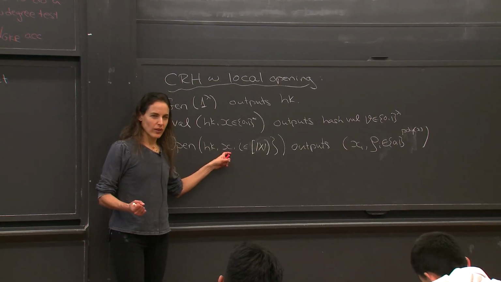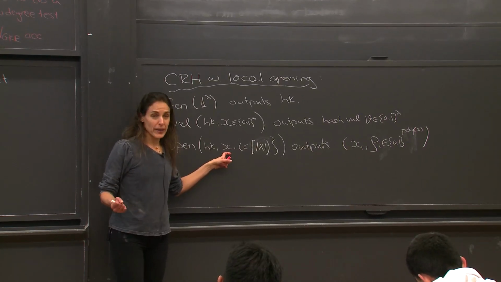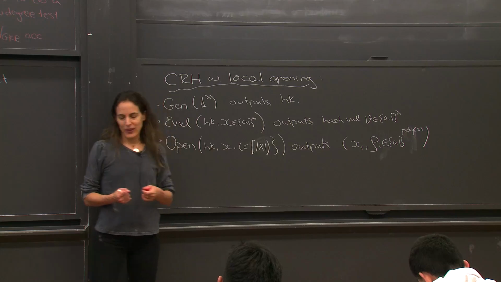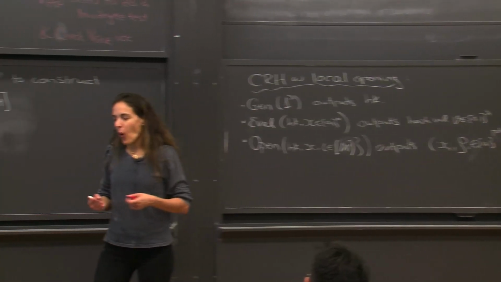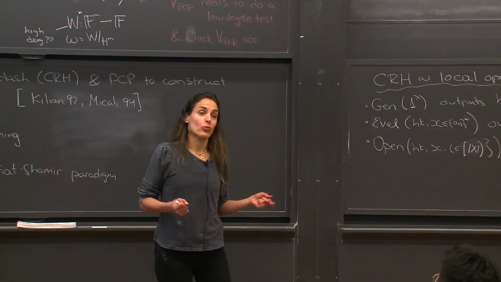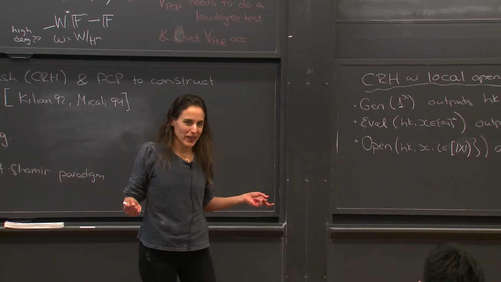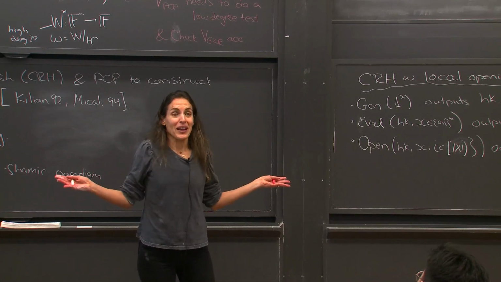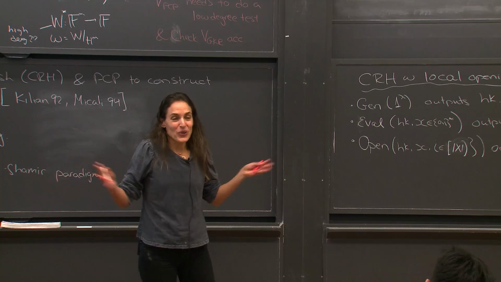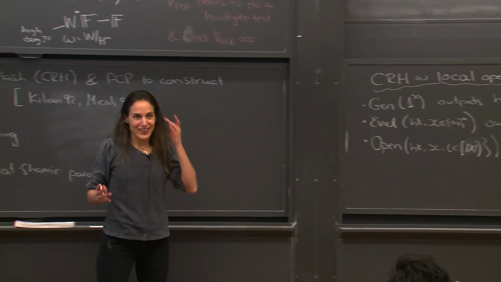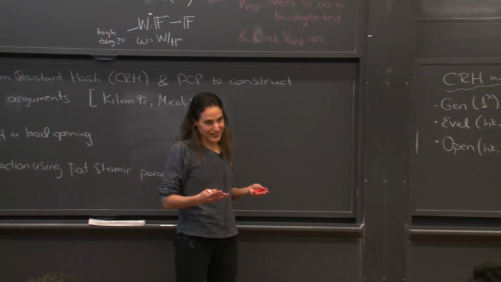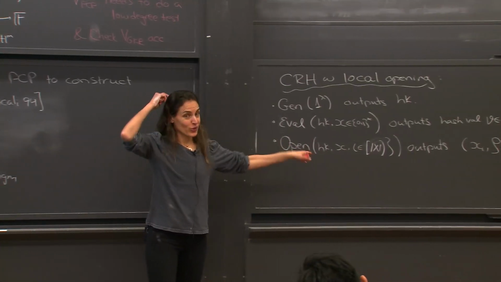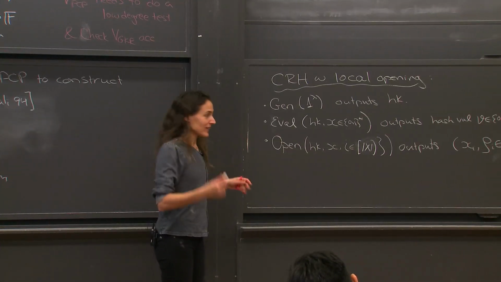Why? To open to bit i, all you need to remember is rho_i. That's what you need to give for the opening. But all the rho_i's together contain all of x. So that's why you need to store all of x. And you'll see the construction soon, so it'll be clear.